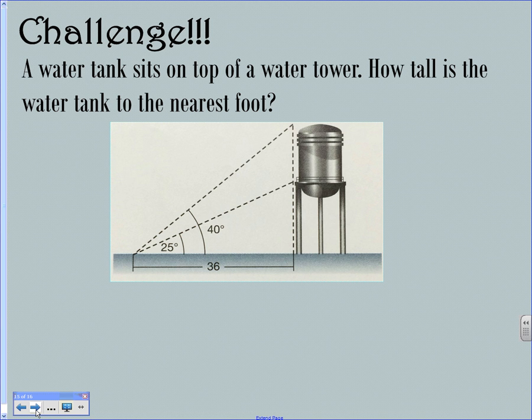I thought this was a good problem. Water tank sits on top of a water tower. And it wants to know how tall is the water tank. The top. The top part. And it says round your final answer to the nearest foot.